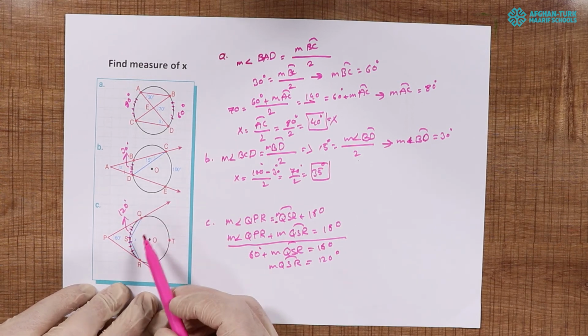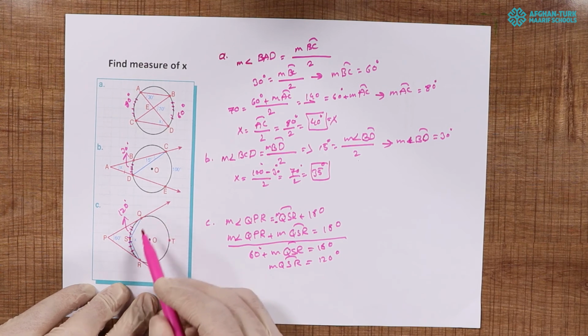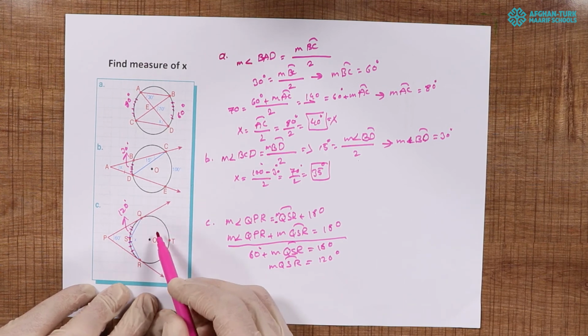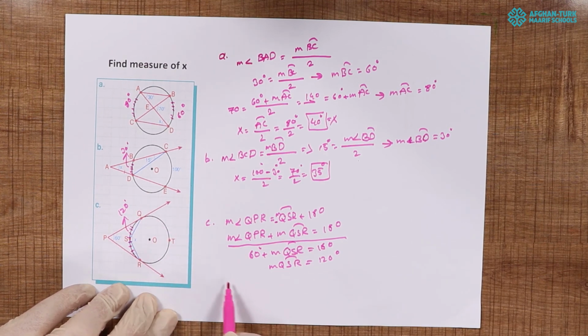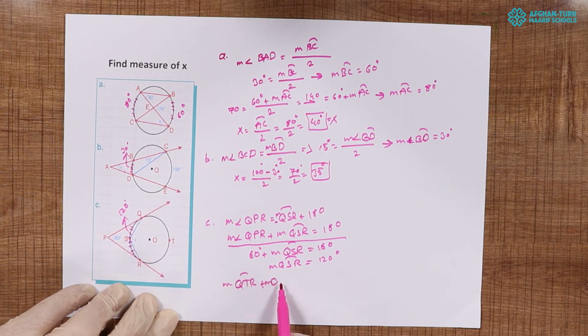So what should we do in order to find X? We have to find arc QTR. What's the circumference of the full circle? 360. So in order to find QTR, measure of QTR plus measure of QSR will be 360.